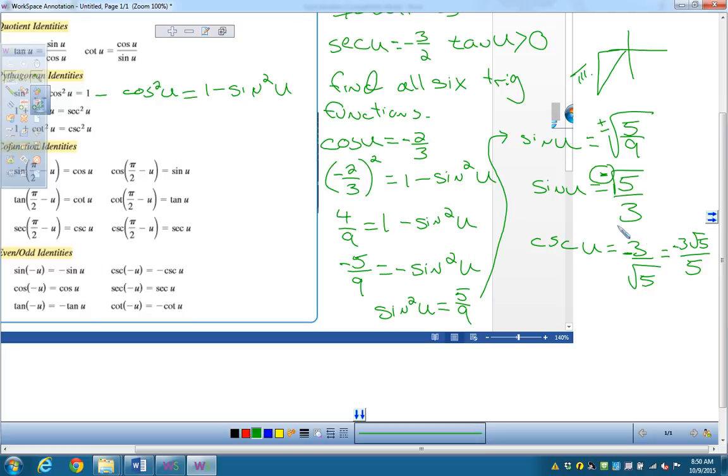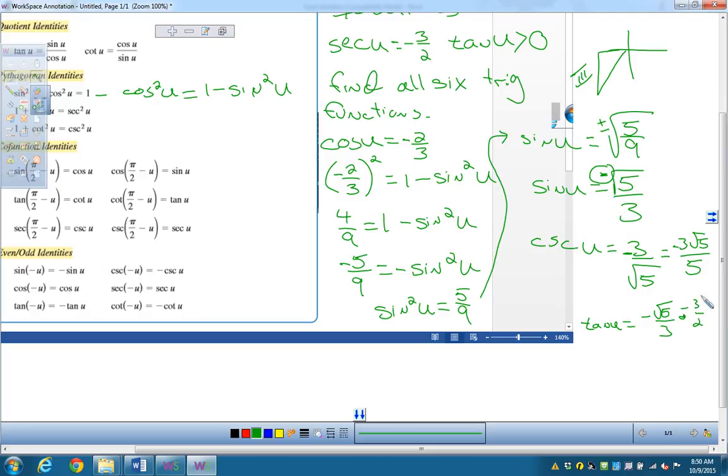Okay? And then to find tangent and cotangent, how do I do that using these identities? What's tangent? Tangent is sine over cosine. So I take negative root 5 over 3 and divide it by negative 2 over 3, which is the same as multiplying by negative 3 over 2.